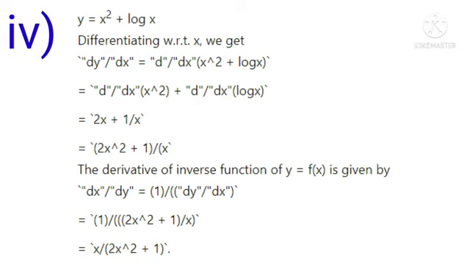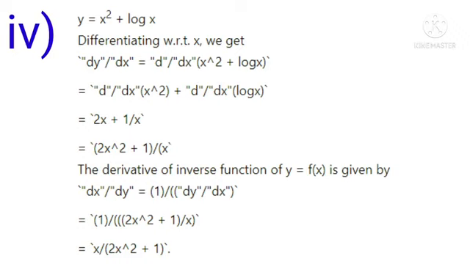See students, for the example, y is equal to x square plus log x. Differentiate with respect to x, we get dy by dx is equal to d by dx of x square plus log x. Take the derivative separately on the RHS, that is, give the derivative to each term in the RHS: d by dx of x square plus d by dx of log x.